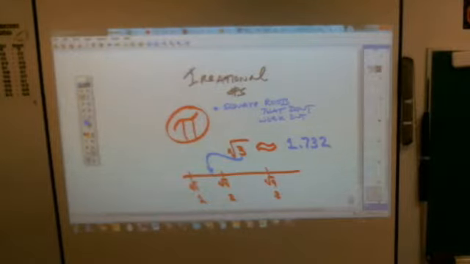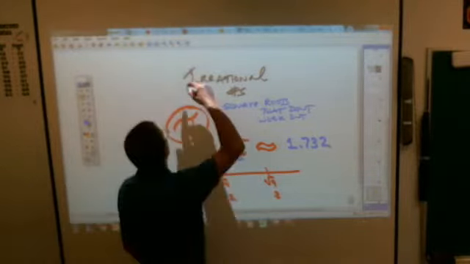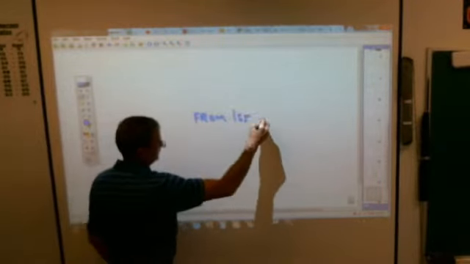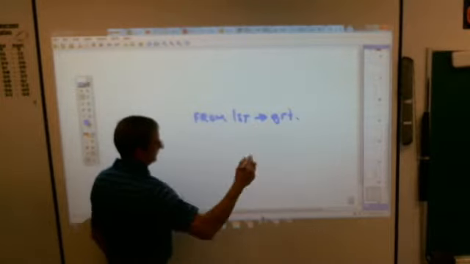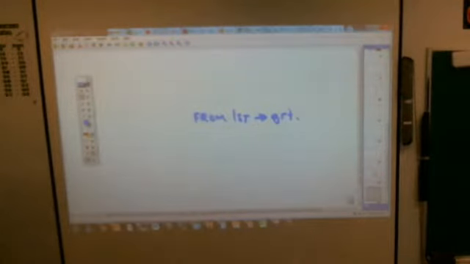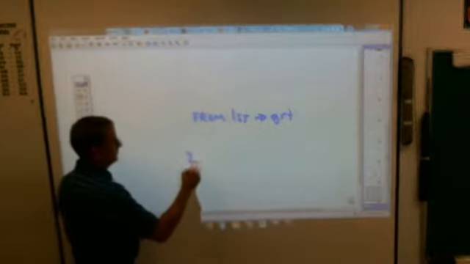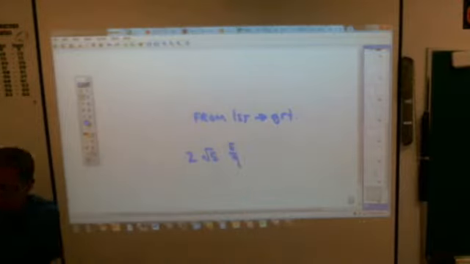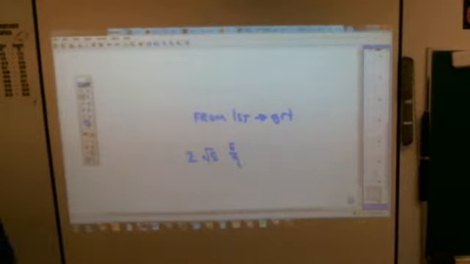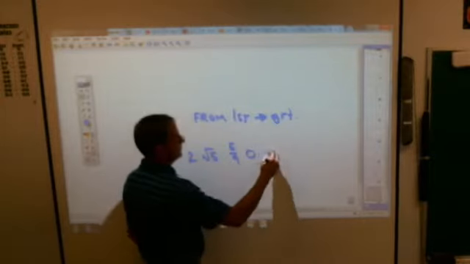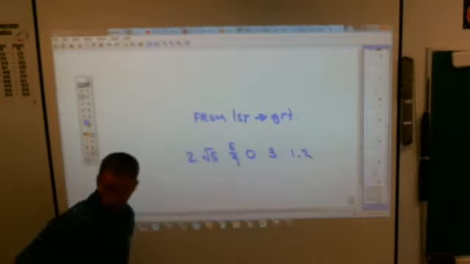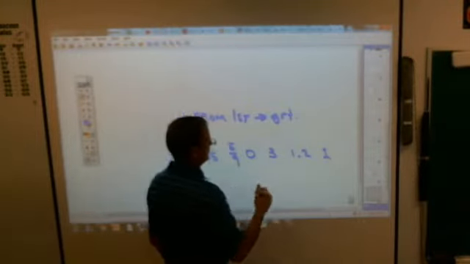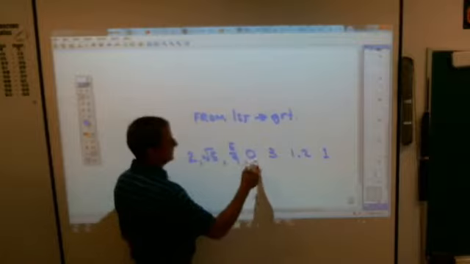For example, here's a problem. Arrange from least to greatest. I gave you this whole long list of numbers: 2, the square root of 5, 5 ninths, 0, 3, 1.2, and 1. I'll give you a second. Put those in order from least to greatest.